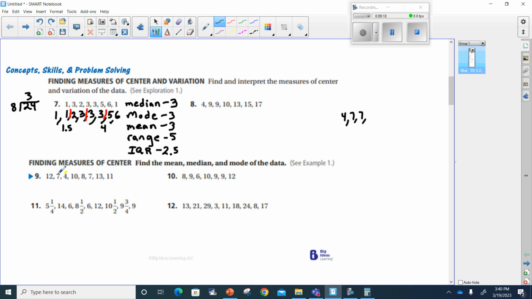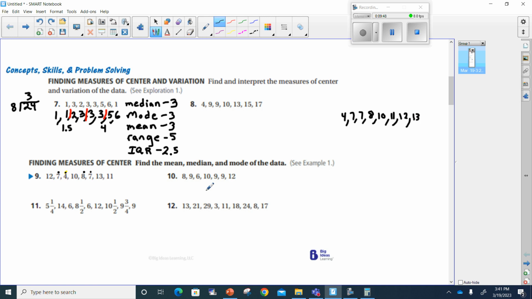And then after the 7s, there's an 8. So let's put that 8 in there. And after the 8, looks like there's a 10, 11, 12, and 13.